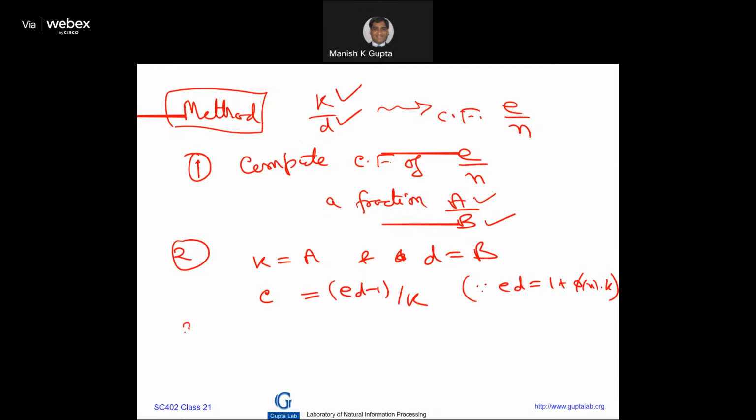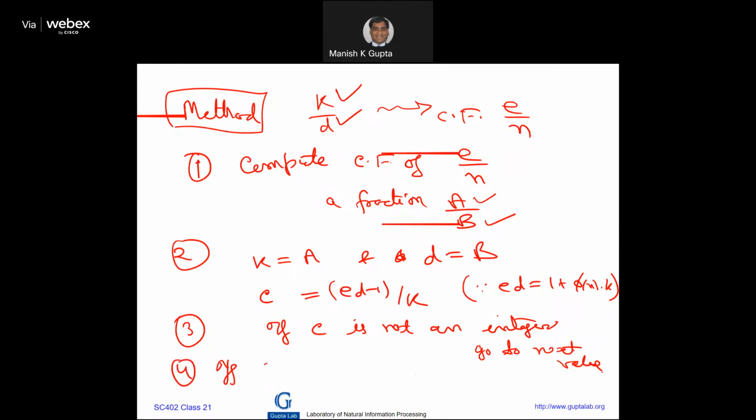Okay. So third, if C is not an integer, it may happen that it is an integer, or it may happen it is not an integer. Then go to the next value. If C is an integer, so basically we are rejecting if C is not an integer, go to the next value.